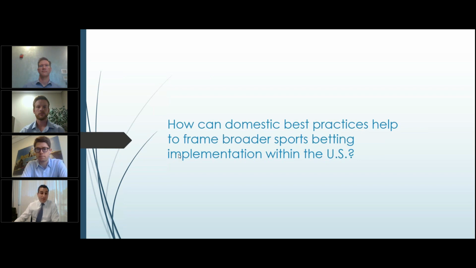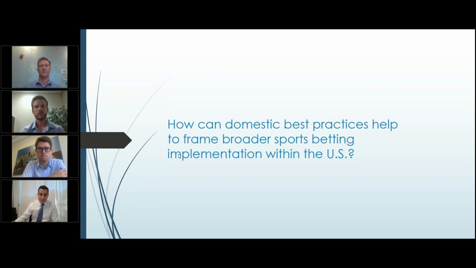If we see suspicious activity, we're going to report it immediately to a regulator, which in this case is the Nevada Gaming Control Board, and then they're going to take the investigation from there and take it up with the FBI and/or the sports leagues. And there's a process with the Gaming Control Board in place for reporting suspicious activity. A similar process could be replicated in other states where sports betting might be legal.